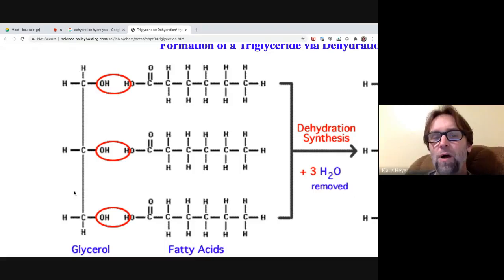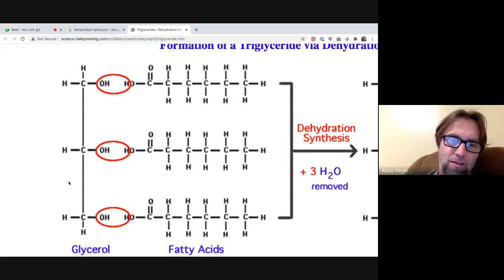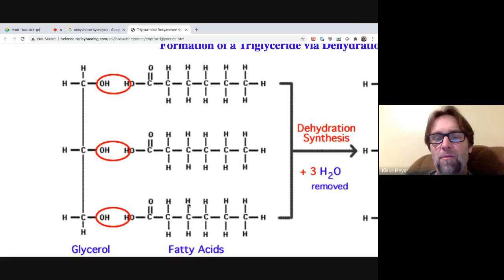So this is one molecule, whatever it is. We don't really care what it's called. This is another molecule. Here's one here and here's one here. And we don't even care what it's called. The important thing is that I want to attach all 3 of these to this molecule here.